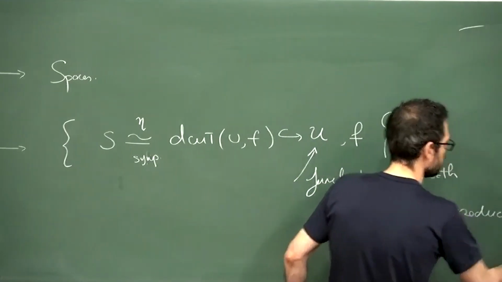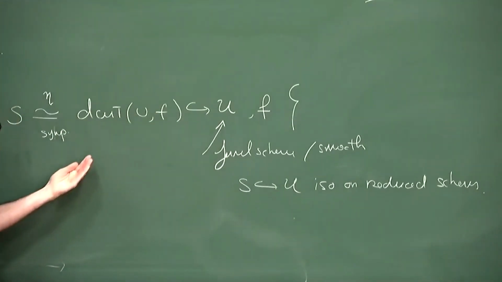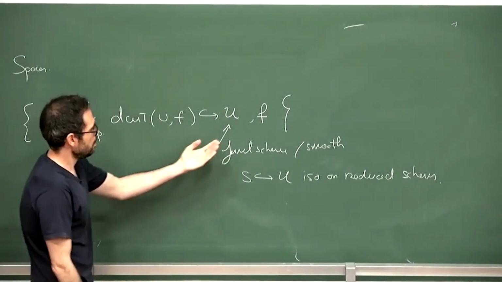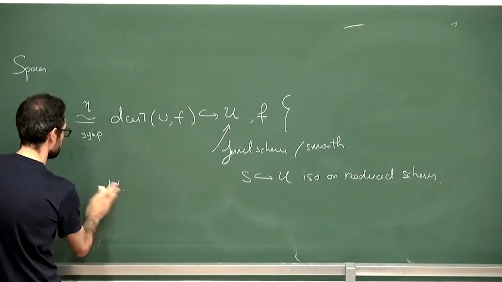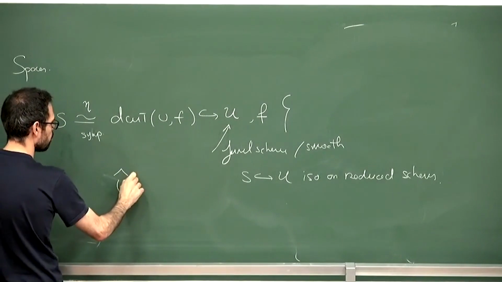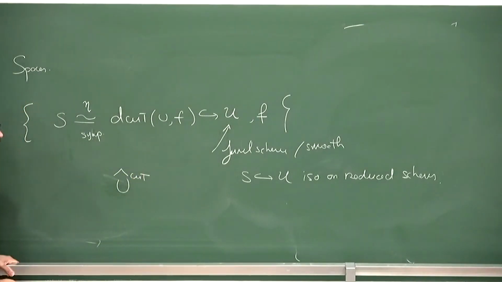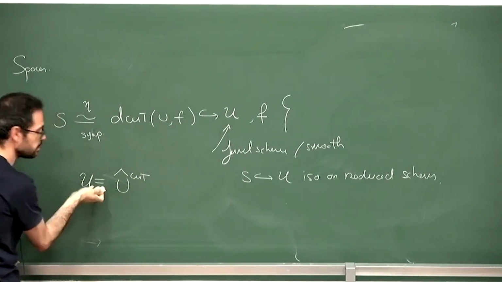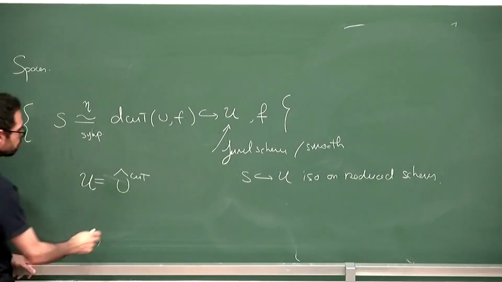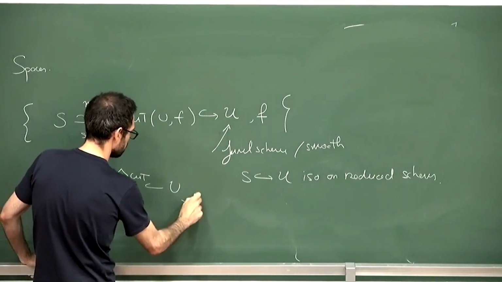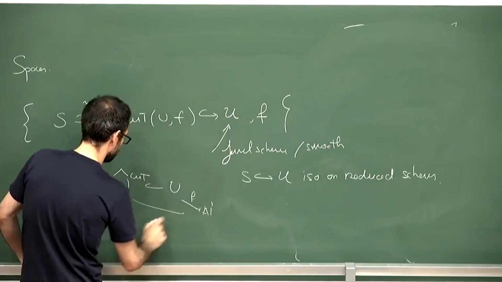So in a way, it's just the nilpotent thickening of S. And if I had something which was algebraic, I would just take the formal completion along the critical points and replace my original U by the formal completion. And the restriction of F is just a Taylor series.